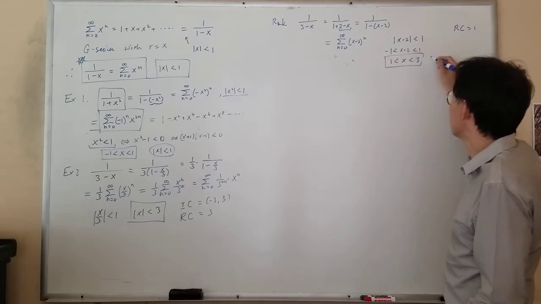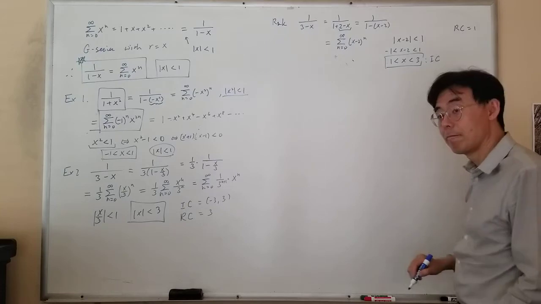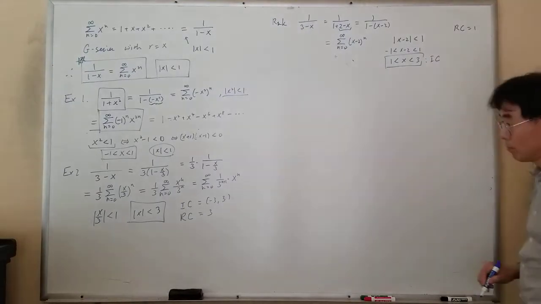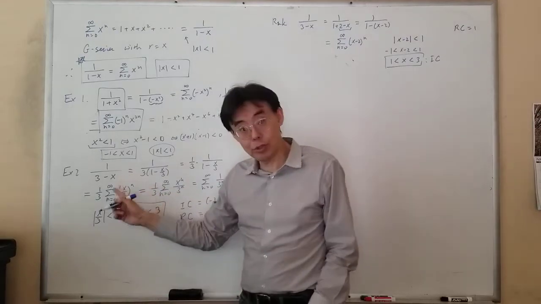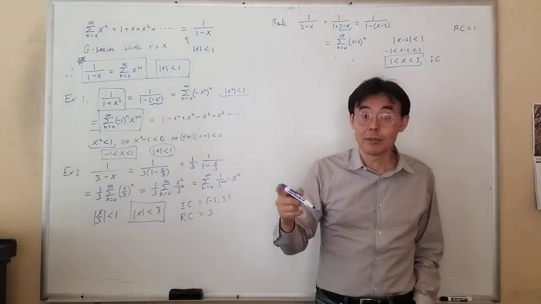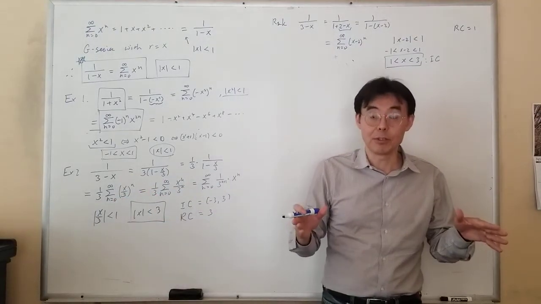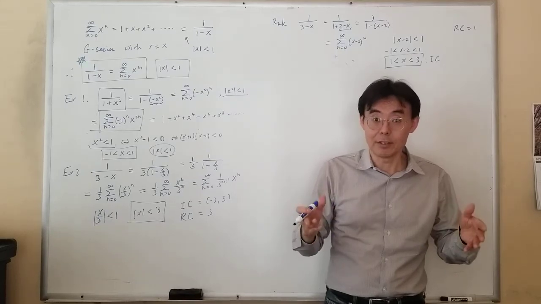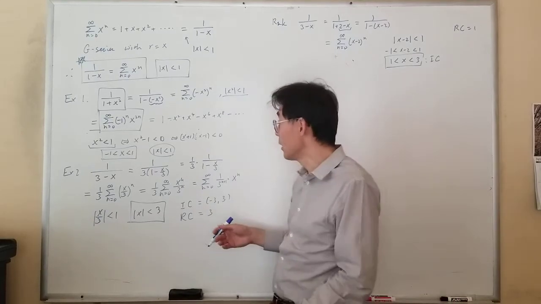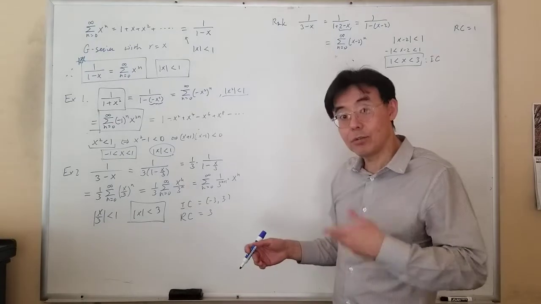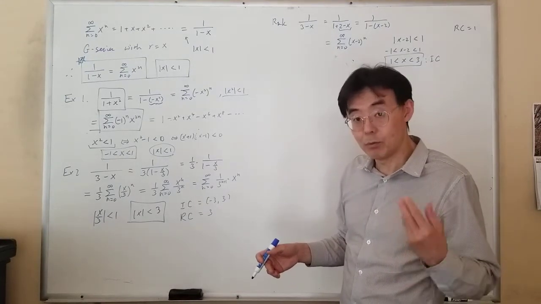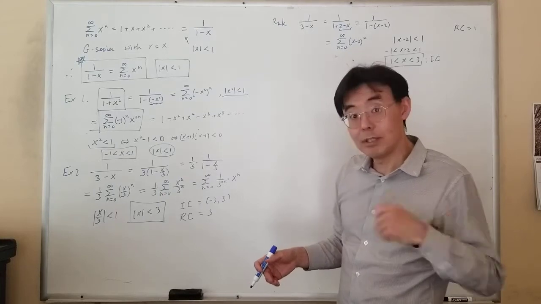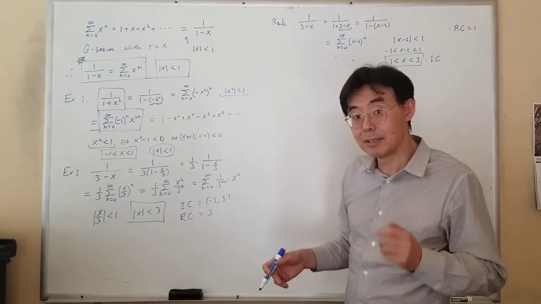This is the interval of convergence. Okay? So, for the same function, you could have different power series when you choose different expansion points, different centers of expansion. And then, obviously, the interval of convergence will be different, and even the radius of convergence is different.